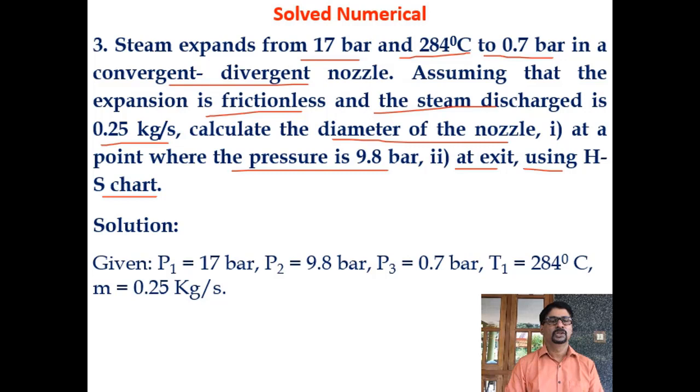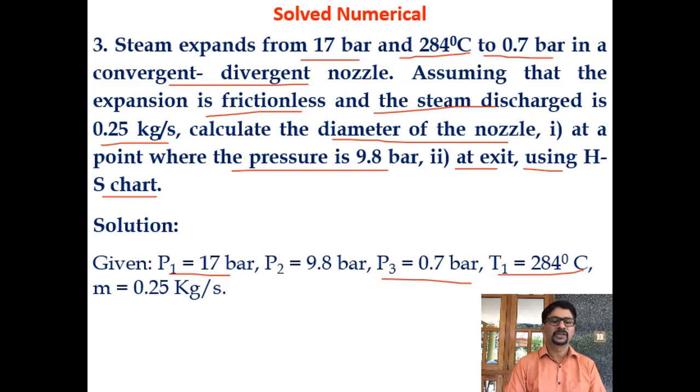So what is the initial condition? P1 is 17 bar and temperature is 284 degrees Celsius, that is T1, and it is expanding to 0.7 bar, which is taken as 0.7, not 0.2, because it is a convergent divergent nozzle. The final pressure is nothing but the pressure at the exit, which is 0.7 bar, so that should be taken as P3.